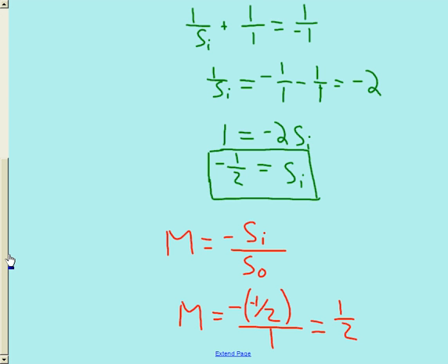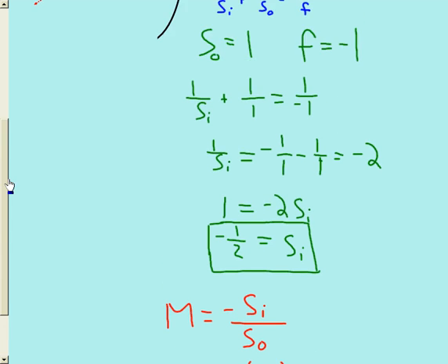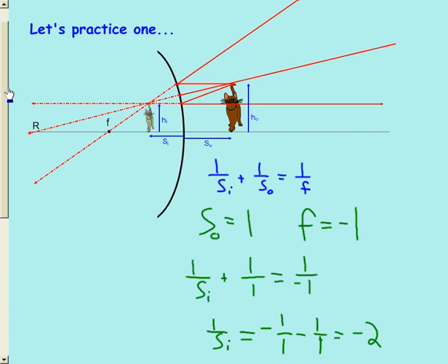It was upside down. Okay? All that we did with these equations, with the math, is confirm what we draw with our ray diagrams. Okay? So it's actually a really good tool, if you're not sure you did it right, to use the math, to go back and use the ray diagrams and vice versa.